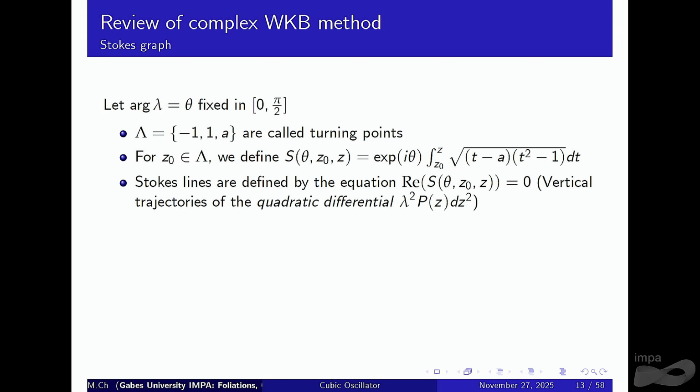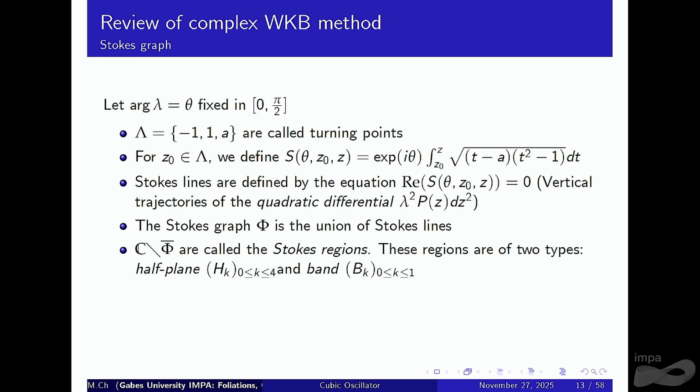The Stokes lines are defined by this equation, which are the vertical trajectories of the quadratic differential lambda squared P_A dz squared. The Stokes graph is the union of all Stokes lines, and C minus the closure of the Stokes graph gives the Stokes regions. In the case of polynomial potential, the Stokes regions are of 2 types: band domains and half plane domains.